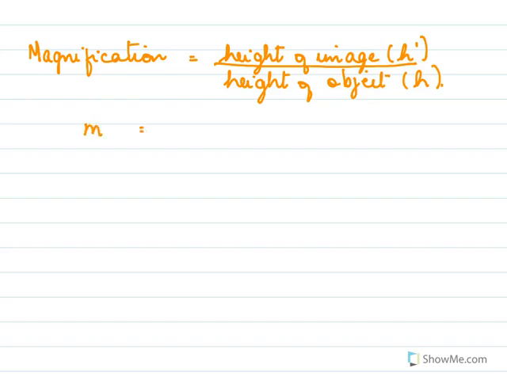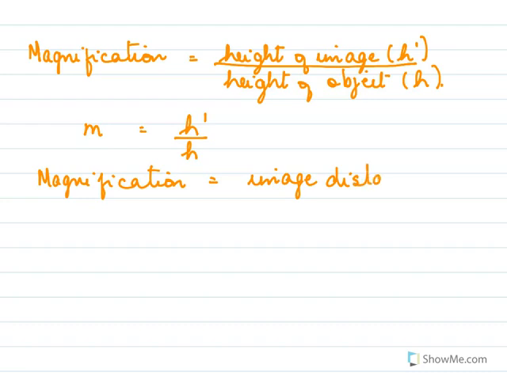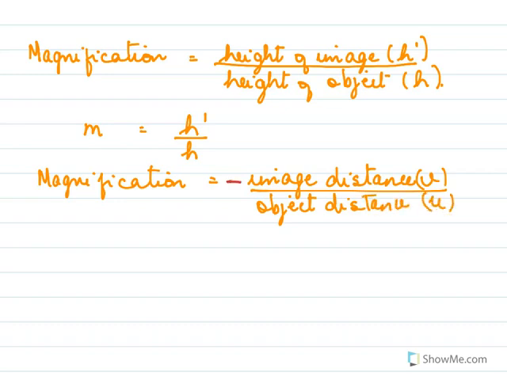So we write magnification m equals h dash over h. Now, magnification can also be expressed in the form of object distance and image distance. So magnification is also equal to image distance, which is v, over object distance, which is u, and there's a negative sign that you have to remember.